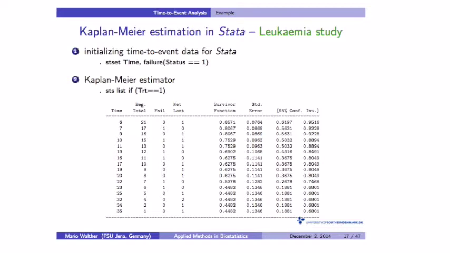Then it's hard to find a good estimate of the median event time or a certain survival probability. In this case, it would be better to deduce these measures from the list.